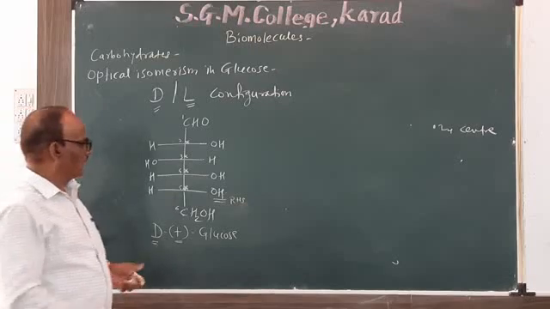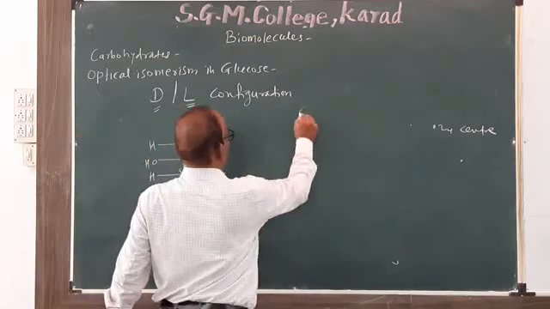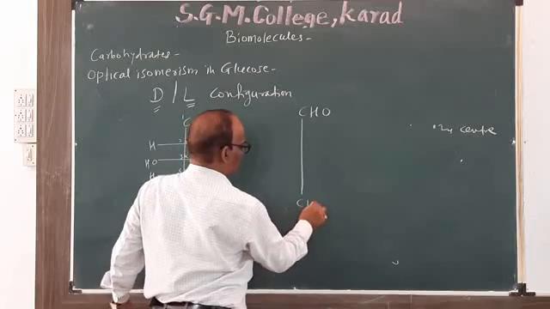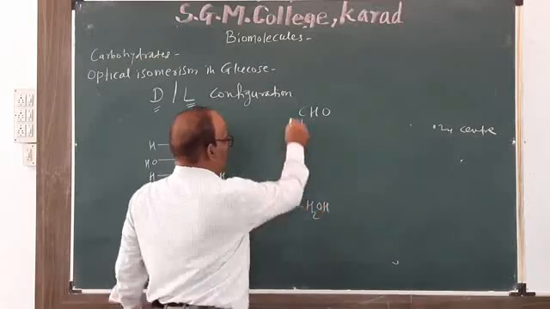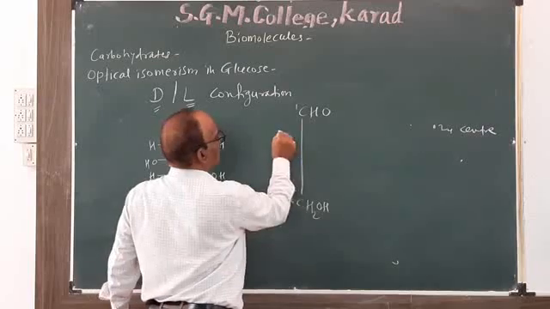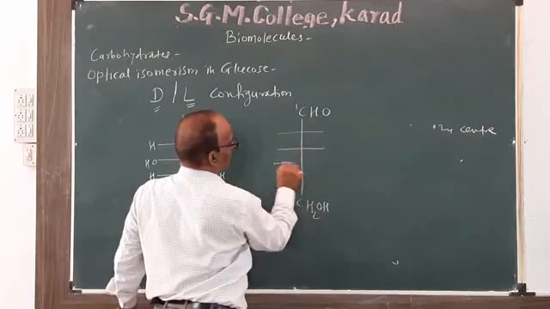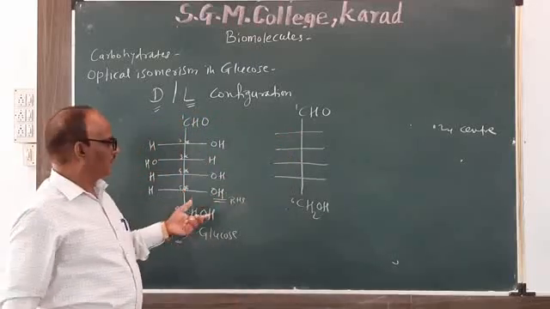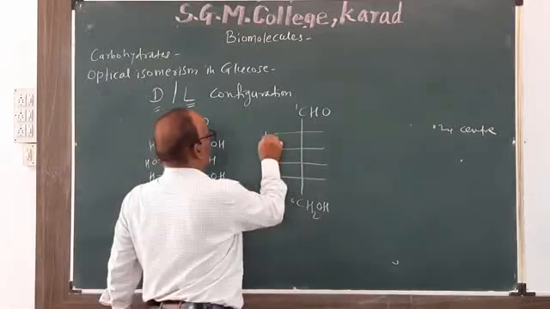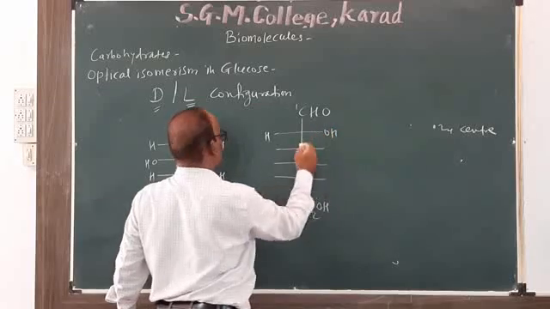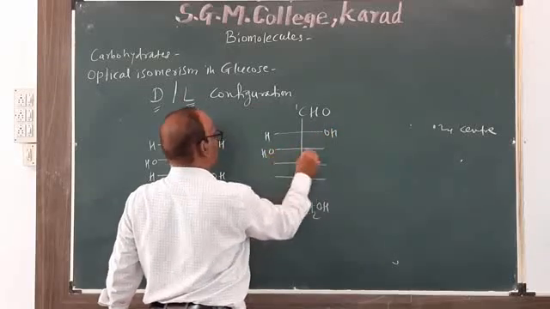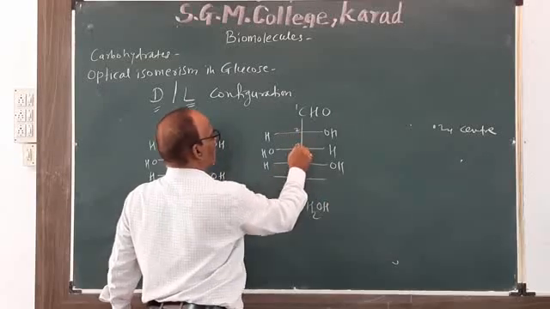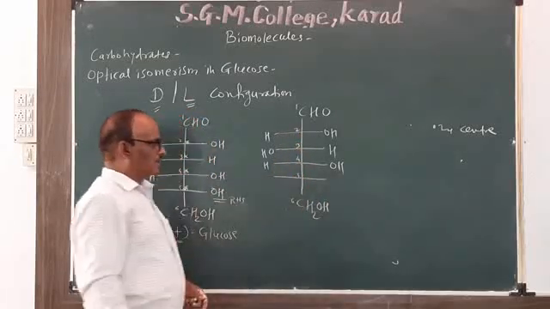Then the second structure, we draw similarly: CHO at the top and CH2OH at the bottom. This is carbon number 1 and 6. In the middle there are 4 carbon atoms, represented as before. Carbon number 2 has the same groups on the same side, OH, H. Carbon number 2, 3, 4, 5 and 6.